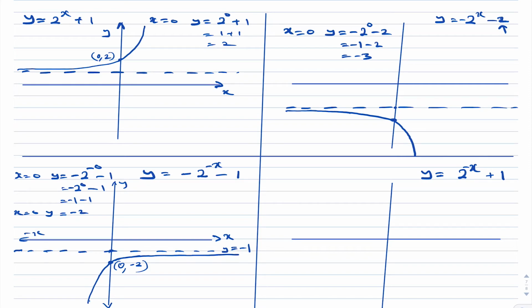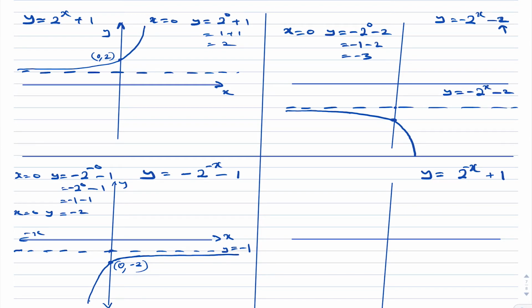So that's the way that graph goes, because it's cutting -3 and approaching -2. So that's the way that goes. Now, that's the graph of y equals -2 to the power of x minus 2 there.